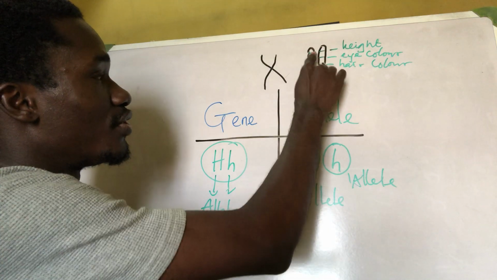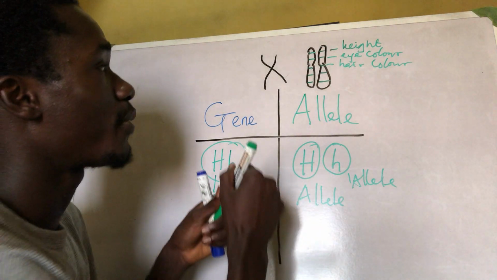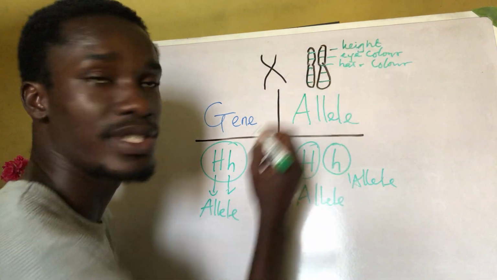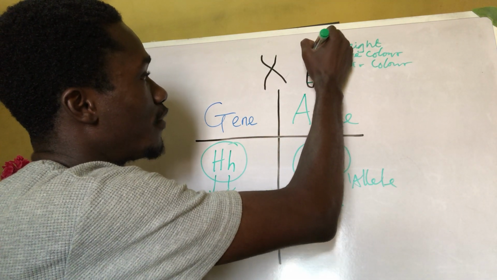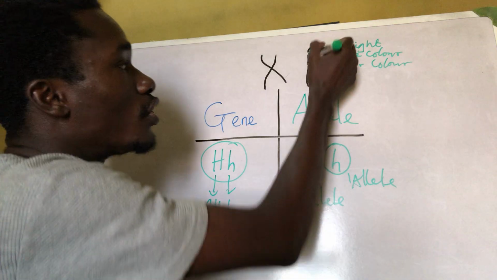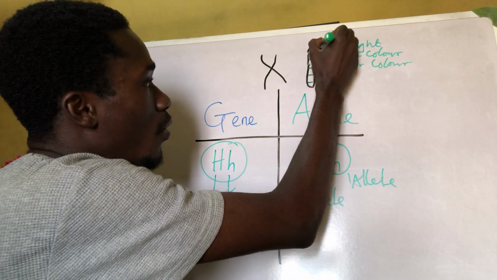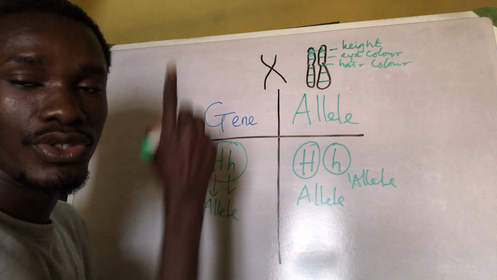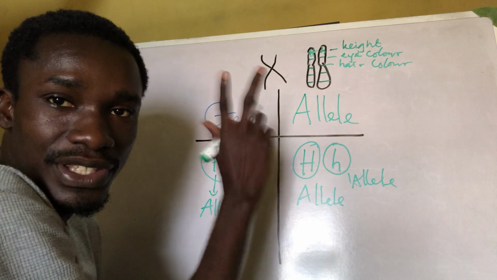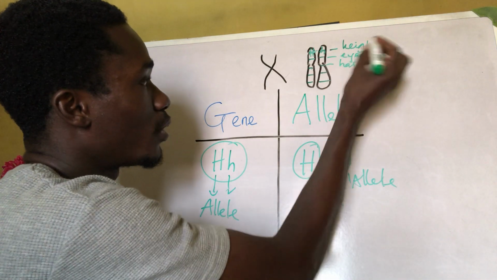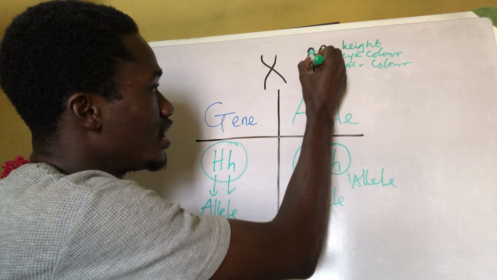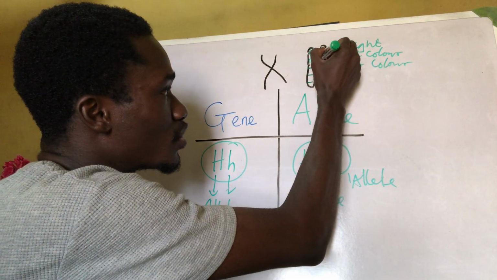So these are genes. Genes come in pairs. So here now we have, let's use height again to explain. So we could have the big H here for height. And then on this other chromatid, we have the small h. So you see the two alleles there of the same gene, height. So let's say this is eye color, let's use E. We can say, okay, this is gene E, big E, and then this one is small e.